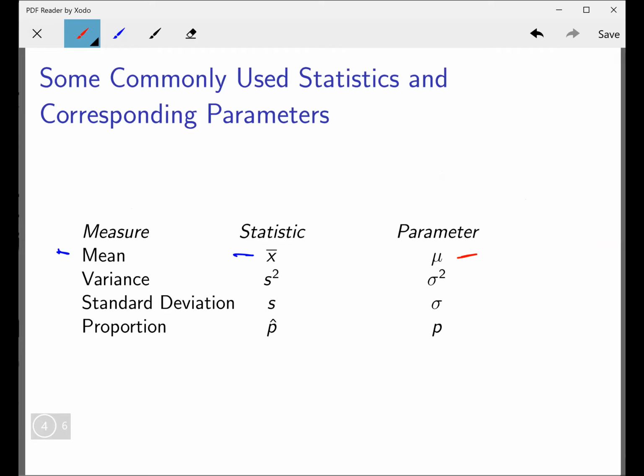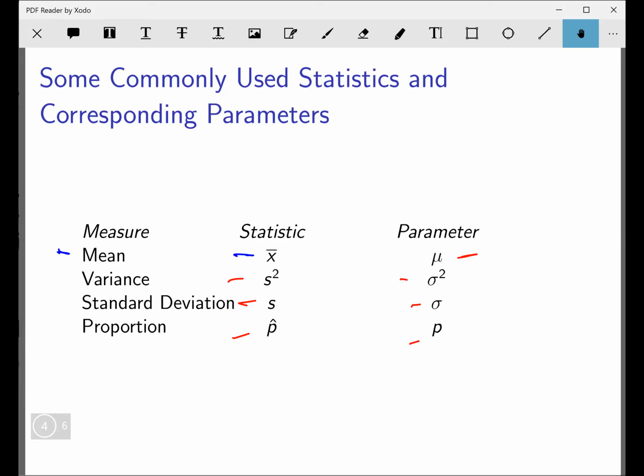Generally, we use English letters for the statistics, and we use Greek letters for the parameters. These are the ones that we're going to be dealing with in this course: the sample mean and the population mean, the sample variance and the population variance, the sample standard deviation and the population standard deviation, the sample proportion and the population proportion.